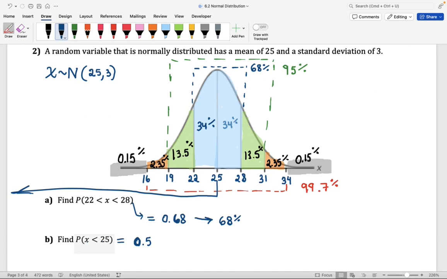So the probability of x being less than 25 is 0.5, which is equal to 50%. And now notice, if we look at the percentages that we have here, we would be adding 34% plus 13.5 plus 2.35 plus 0.15, and that is going to give us the 50%.